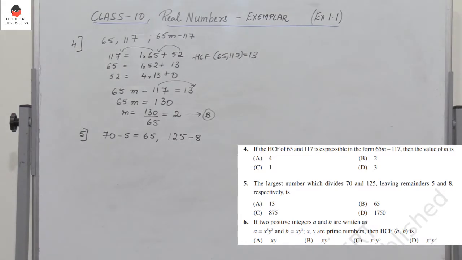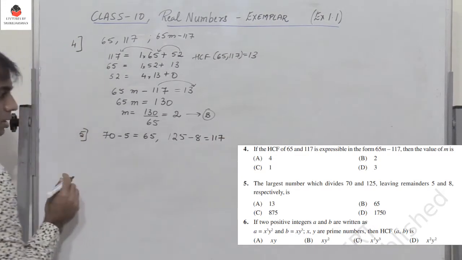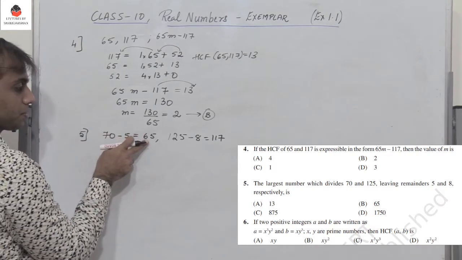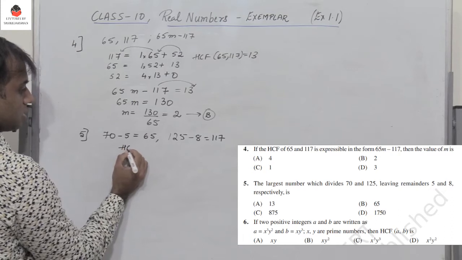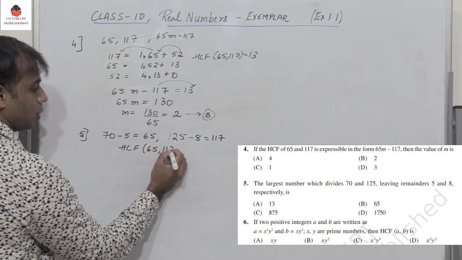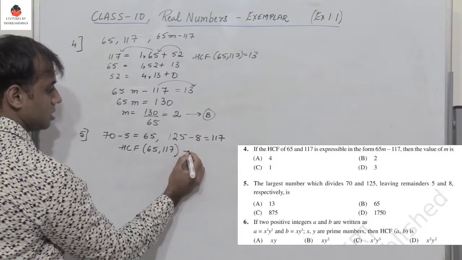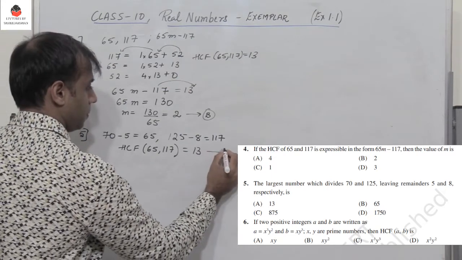So 125 minus 8 gives me 117. So which is the largest number which divides both 65 and 117? That means I need to find HCF of 65 and 117. So we have just done that. It is equal to 13. So therefore the right option is A.